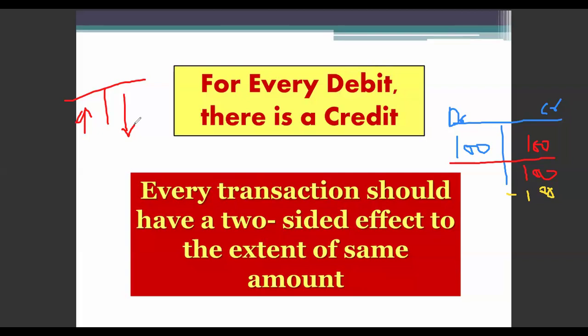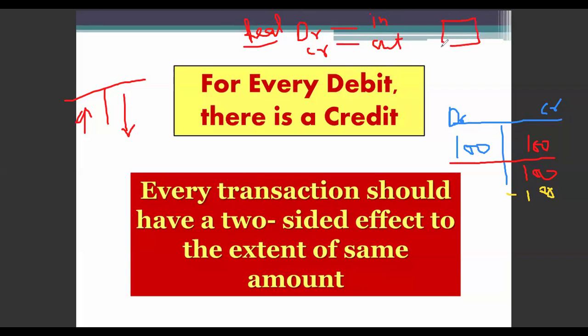Now, if you remember simply the real account principle, it indicates debit what comes in and credit what goes out. So it means I have two sides.